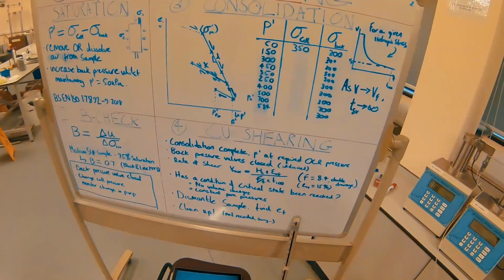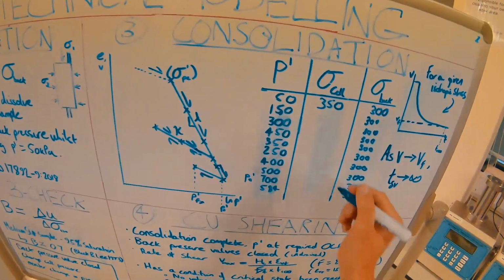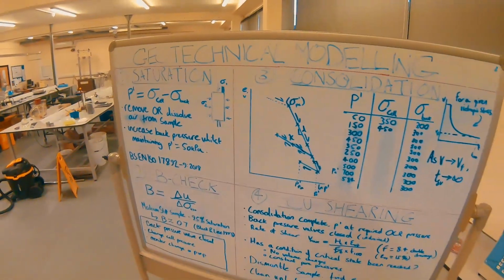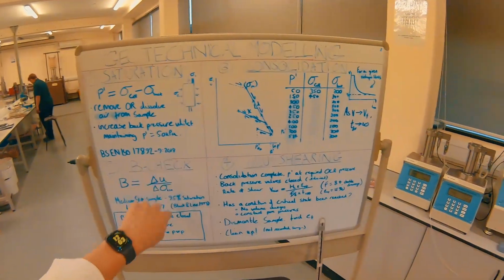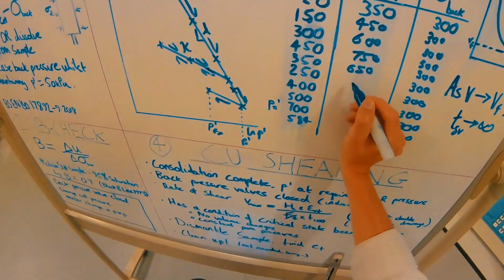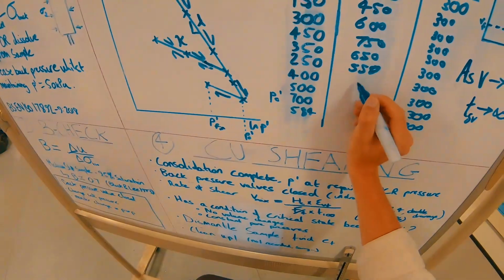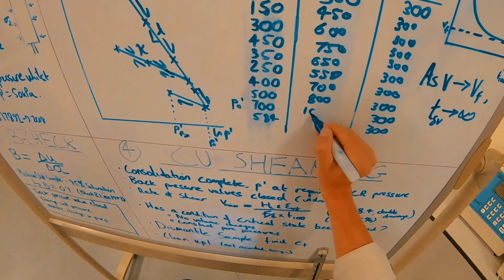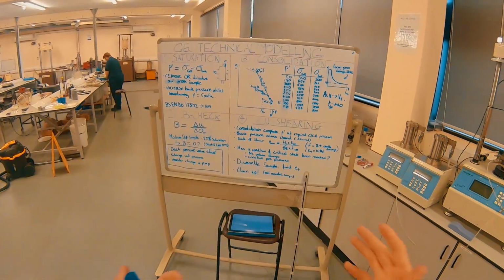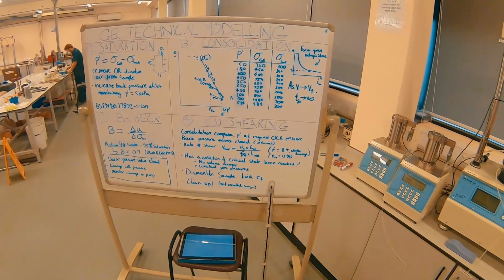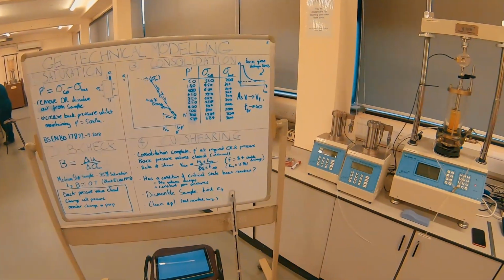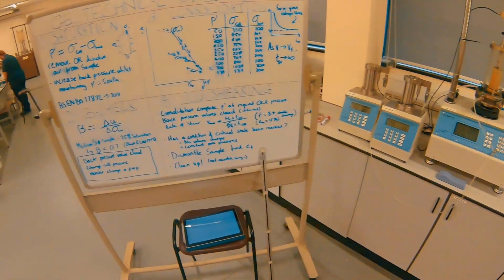Again, as before, P' is cell pressure minus back pressure. Okay, now we have our cell pressures. We know what cell pressure we need to set throughout our consolidation to change the P' value within our sample.